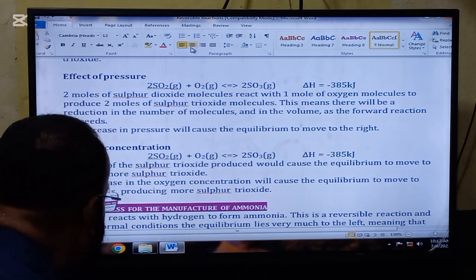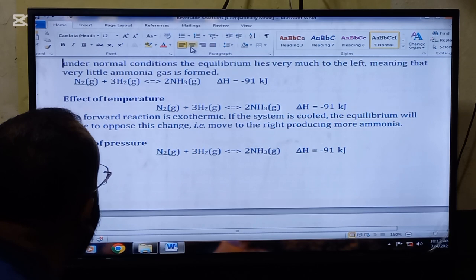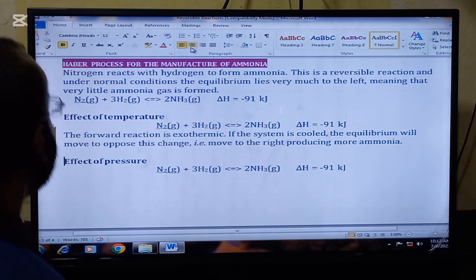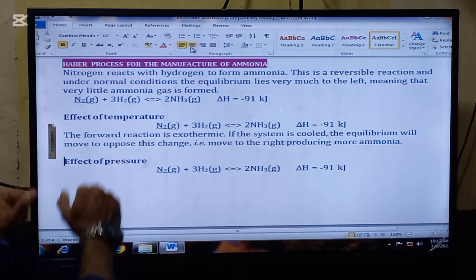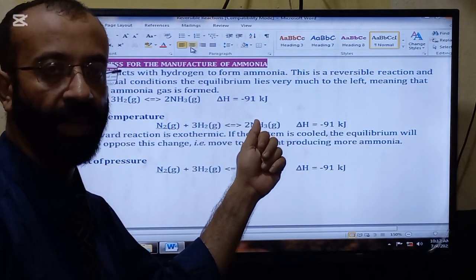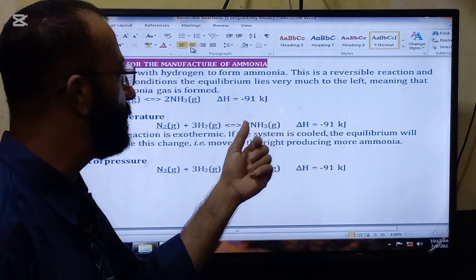Okay, the same type of example is going to be discussed in the Haber process for the manufacturing of ammonia. The effect of the temperature: this minus sign is showing that this is an exothermic reaction. So the same effect that was observed in the previous example applies.